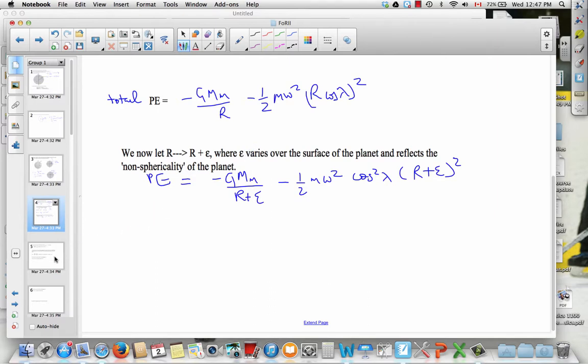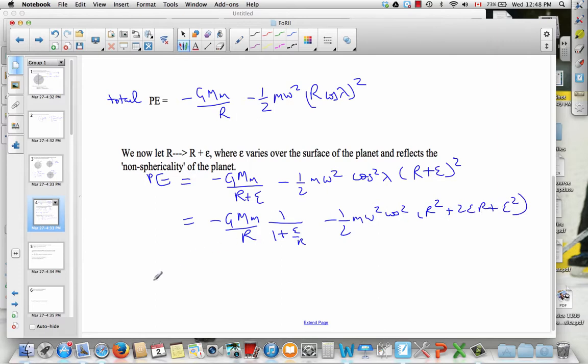Now, next with that, we're going to do a bit of algebra here. I'm going to take out an R. That's going to leave me with a term that's 1 plus epsilon over big R. And then I'll just expand this bracket: big R squared plus 2 epsilon R plus epsilon squared.